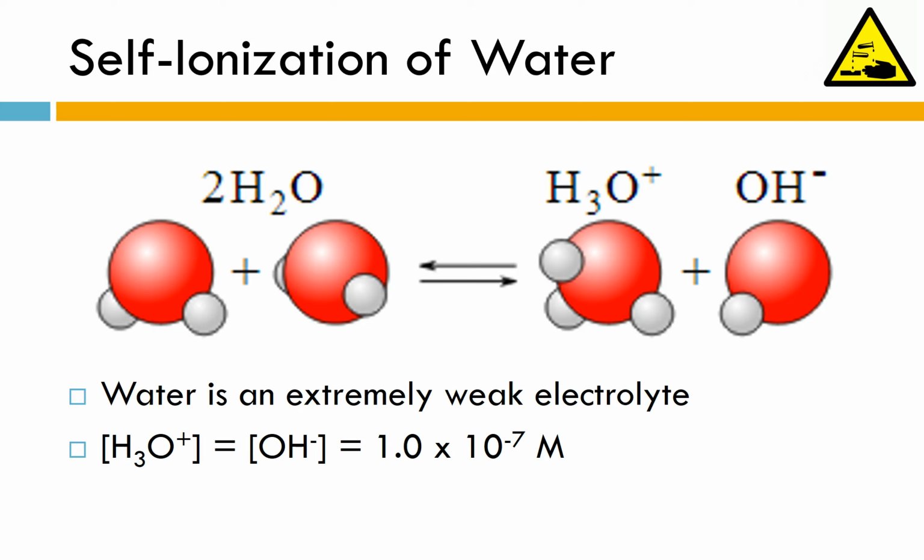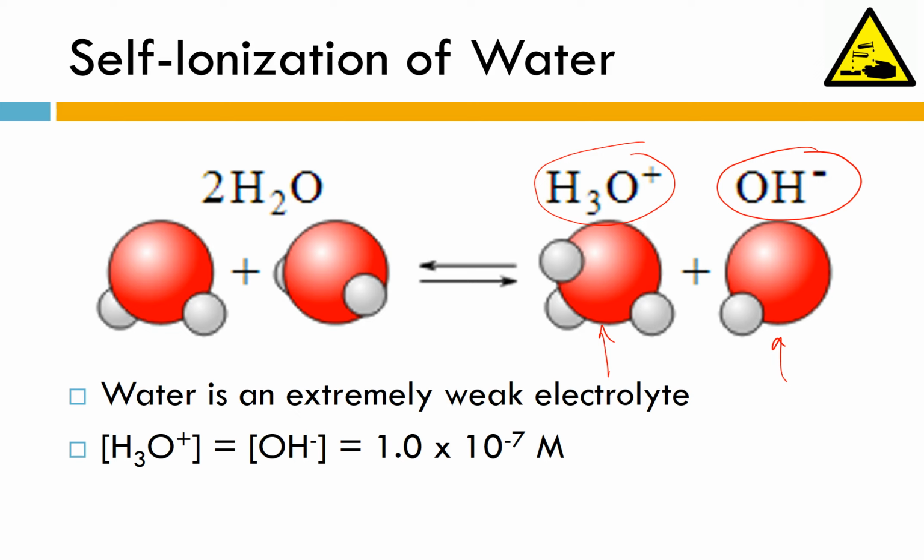That means that to a small extent, water is able to break apart, or we got in this picture, we have two water molecules kind of reacting together to form H3O plus and OH minus. So even if you're working with just pure water, you are going to have some, very, very few, but not zero, ions in solution.